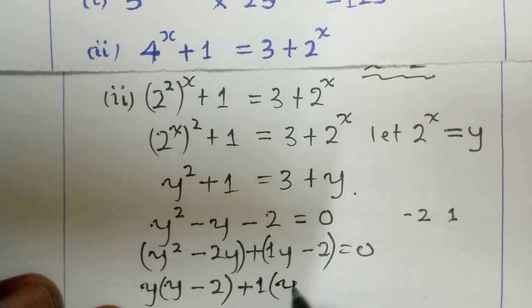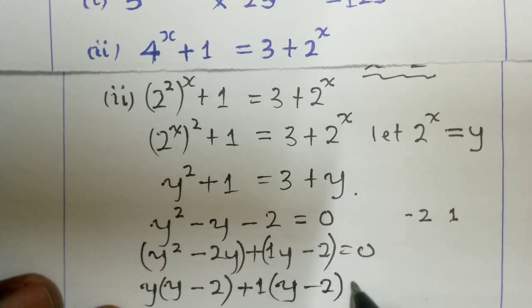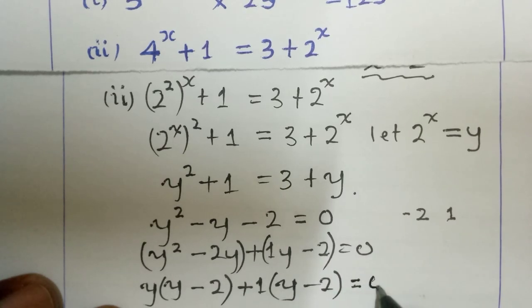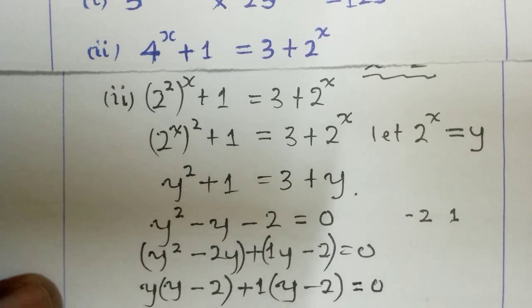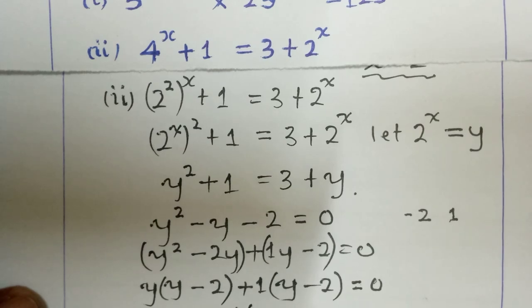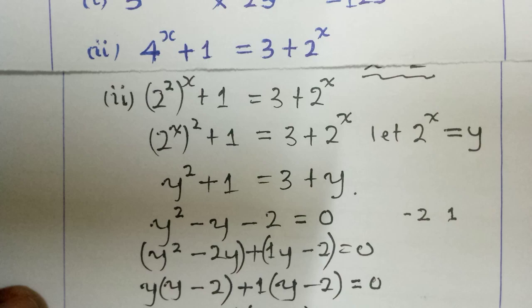Then y minus 2. For 1, it really doesn't matter whether you put it or not. It's just a way to guide you on what you are going to expect. Because as of now, you're going to have y plus 1, then y minus 2. This now gives us 0.